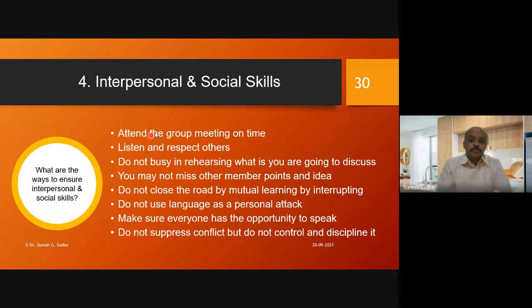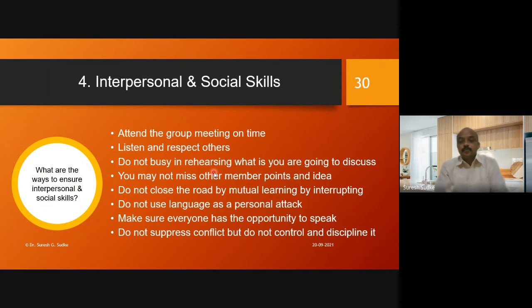Firstly, our students should attend a meeting on time. They should listen to others respectfully. In a meeting, they should not be busy rehearsing what they have to tell the class or that particular group, because while rehearsing, you may miss an important point.